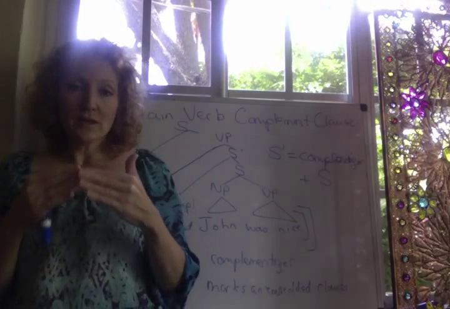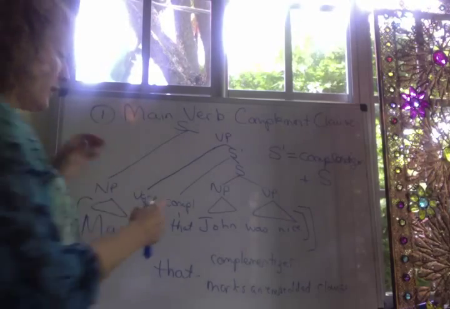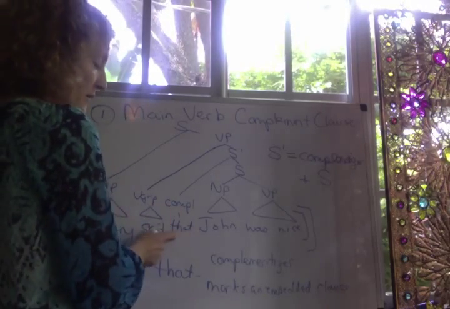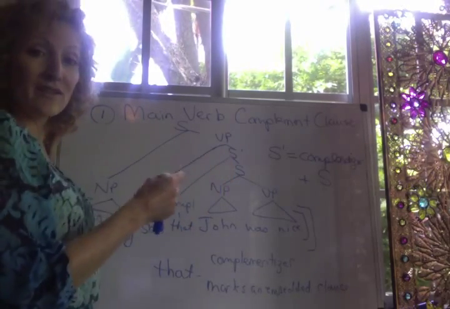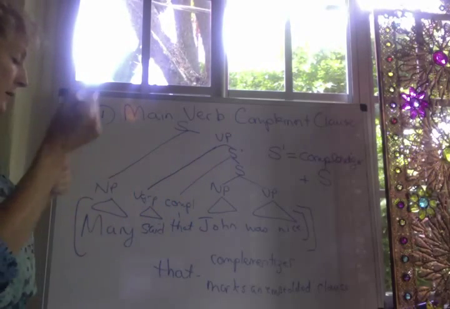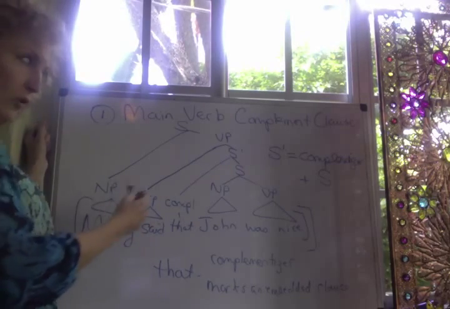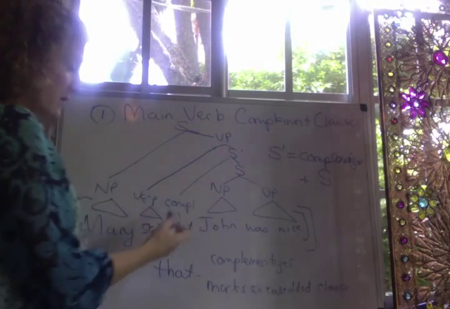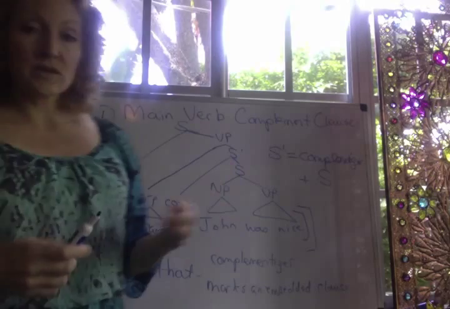It's always leading to a verb phrase. So in this instance, when you have the complementizer that, the only difference is that you're going to have this S-bar structure. And then you're going to have that leading to VP, and Mary, the subject of the whole main clause, is going to take as its predicate said that John was nice.